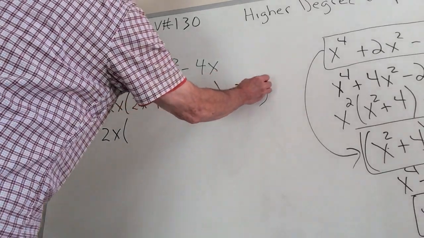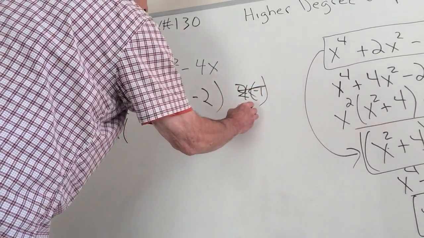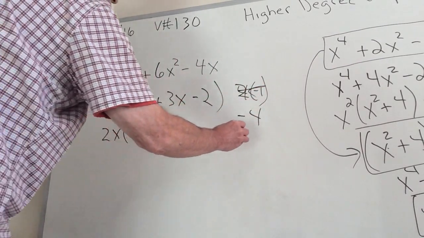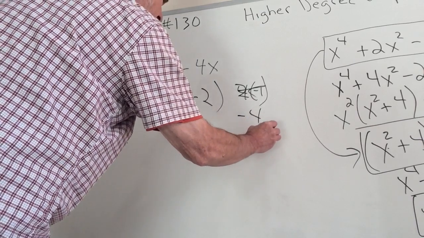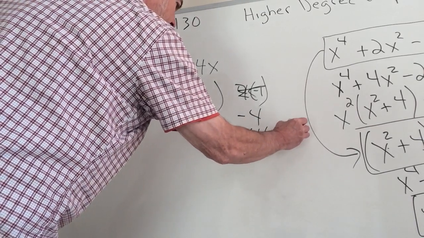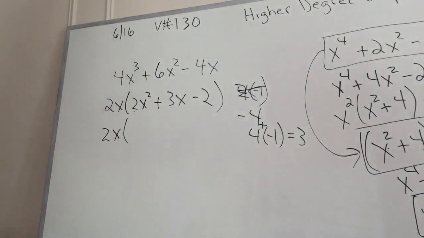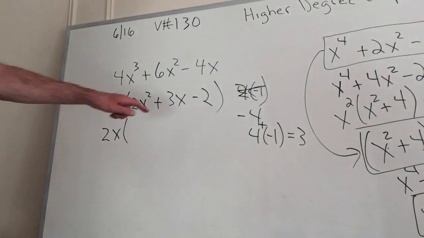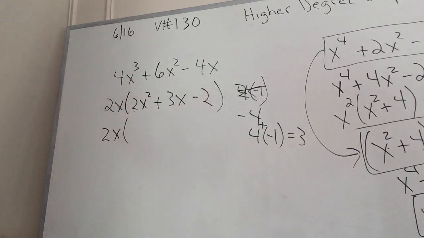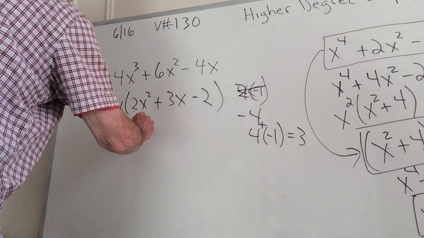Oh, there's the 4, excuse me. 2 times negative 2 is negative 4, and positive 4 times negative 1 equals 3 when I add them together. There it is. Play around with it. I got confused when I saw the 2 here, just briefly, but I remembered that it's negative 4, and negative 4 plus a positive 4 plus negative 1 solves the key. So we'll rewrite it in any order.